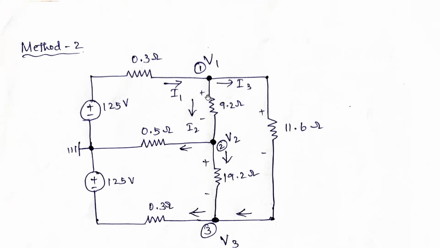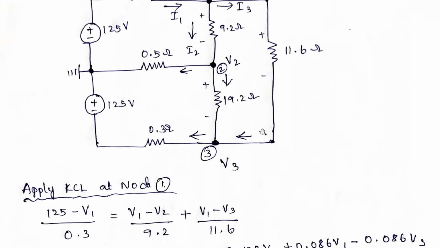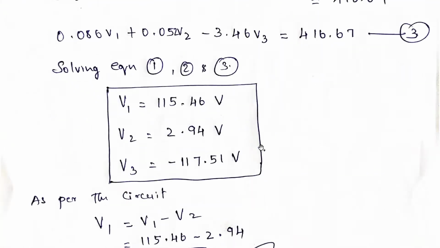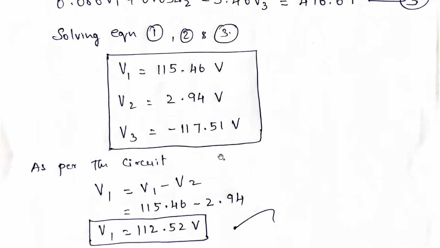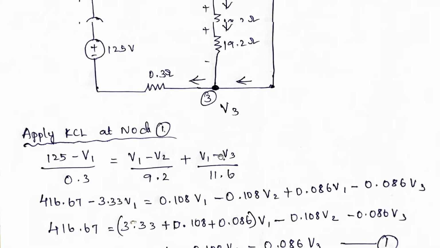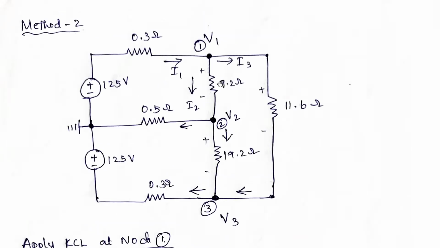Yeah, so here is V1, 9.1 V1. So V1 is equal to V1 minus V2. Here you see V1 is equal to V1 minus V2, this voltage. We need to find out the voltage across this particular resistance. Because of the nodal analysis, the voltage at this point means V1 minus V2.